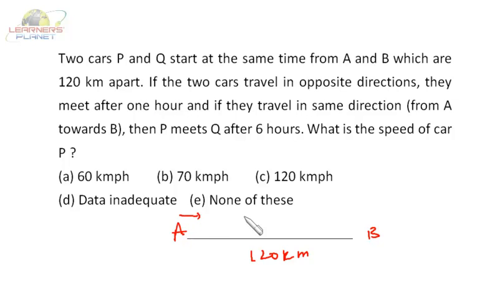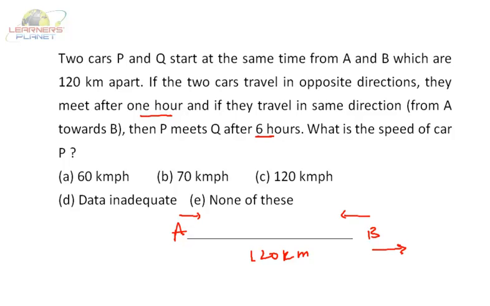That means when they're starting like this, they meet after 1 hour. And if they travel in the same direction, that means if A is moving in this direction, even B will be moving in this direction, then they meet after 6 hours. Then we have to find out the speeds of the cars.